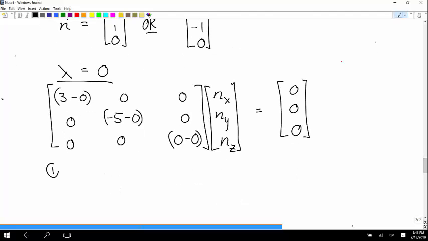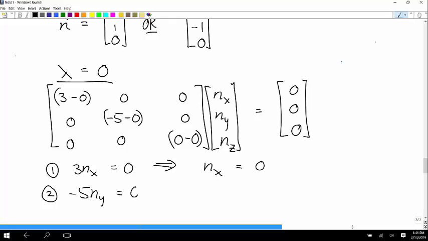Okay, so equation 1 says 3nx is equal to 0, and so nx has to be equal to 0. Equation 2 says negative 5 ny is equal to 0.